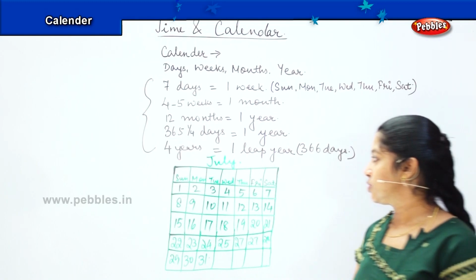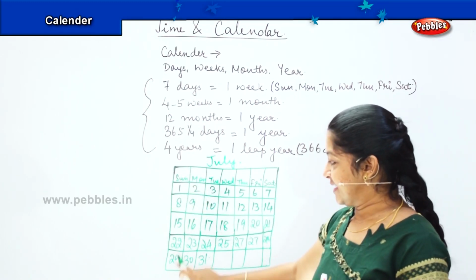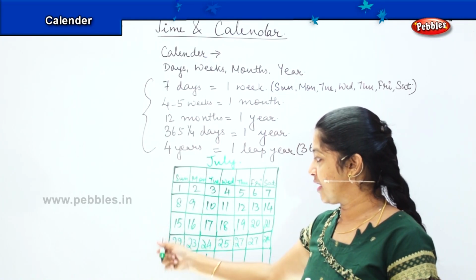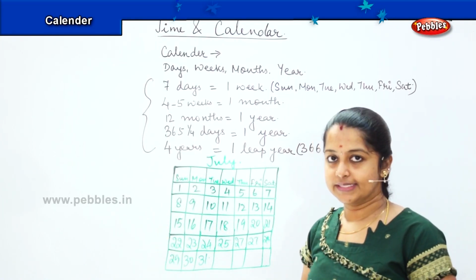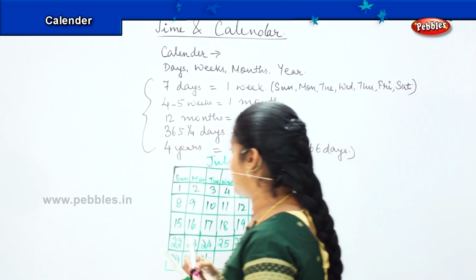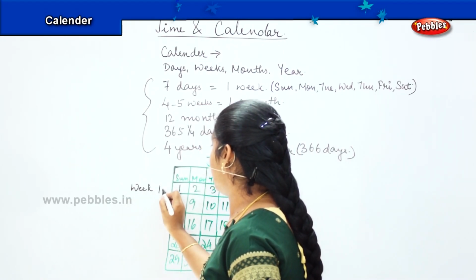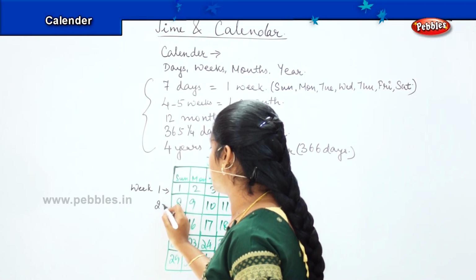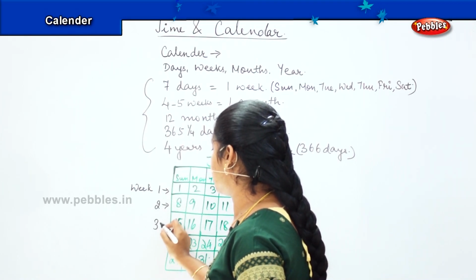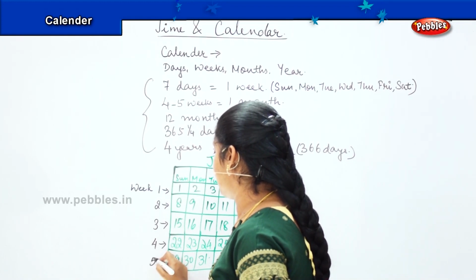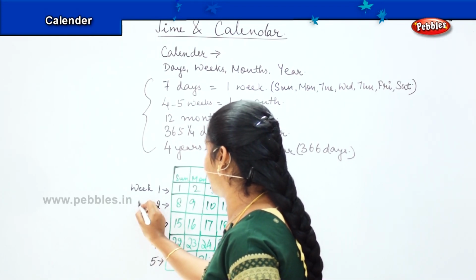Okay. So how many Sundays do I have in July? See here, 1, 2, 3, 4 and 5. Yes. So I will write here as weeks. So this is week 1, week 2, week 3, week 4 and week 5.